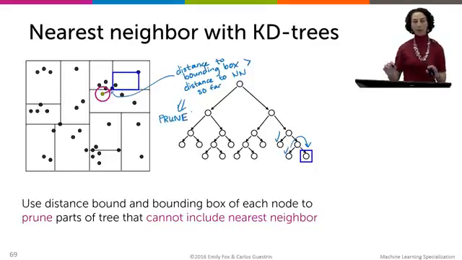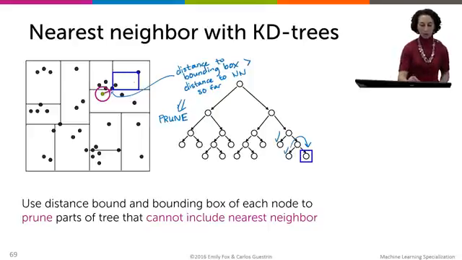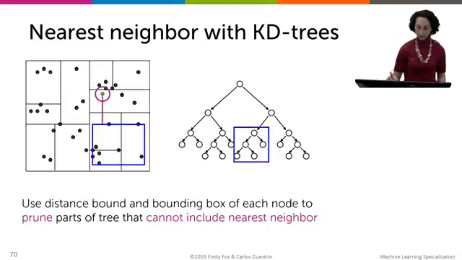We're not even going to compute the distance to any point in this leaf node, because we know that no point in there can be a nearest neighbor closer than the nearest neighbor that we've found so far.